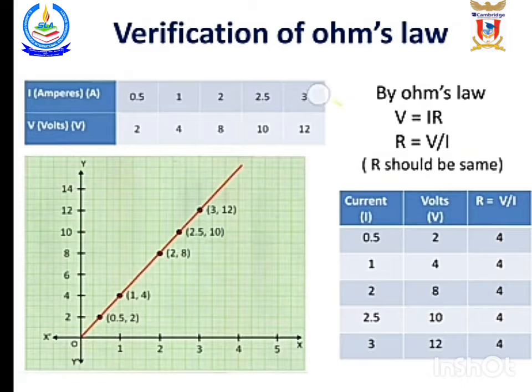But from this observation table we have to find the value of R, meaning resistance. According to Ohm's law, V is equal to IR. From this equation we can find R, meaning R is equal to V upon I, and R should be the same.